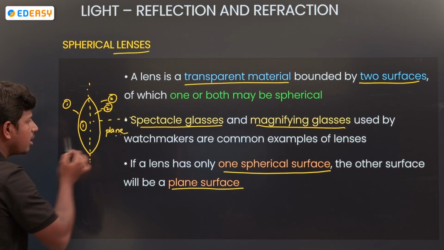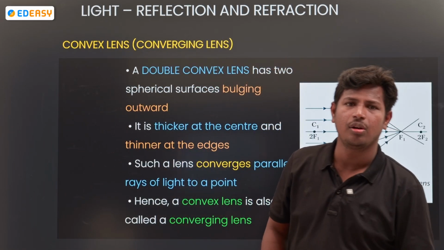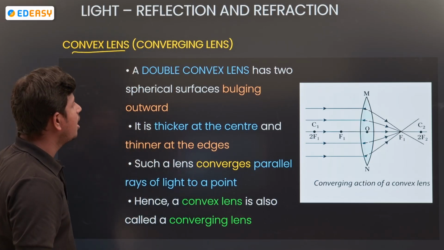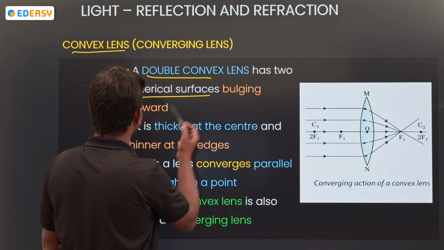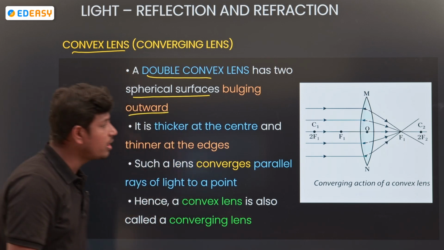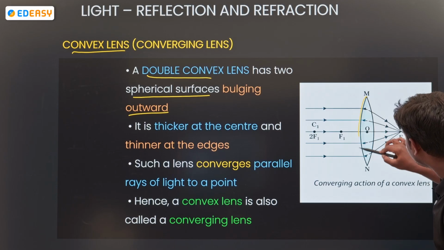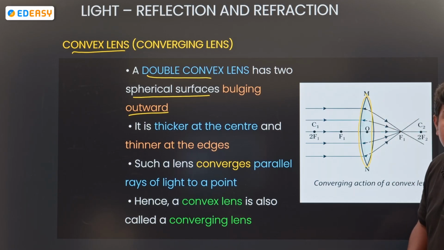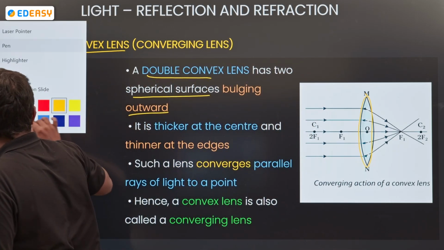Next, look at the convex lens. A double convex lens has two spherical surfaces bulging outward. Look at the diagram: two refracting surfaces.